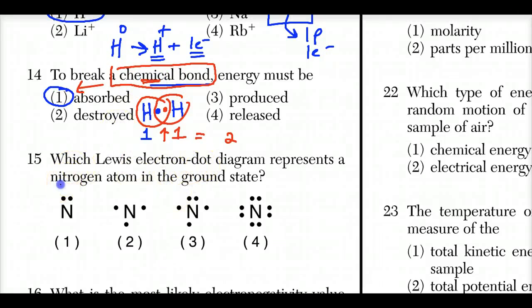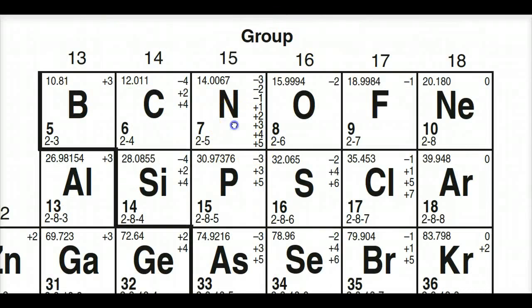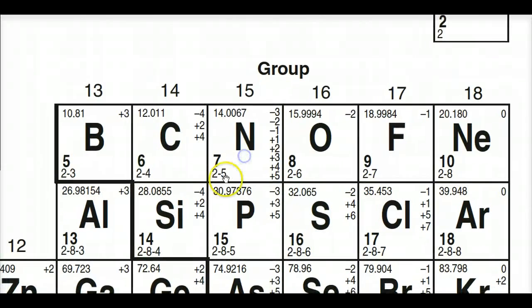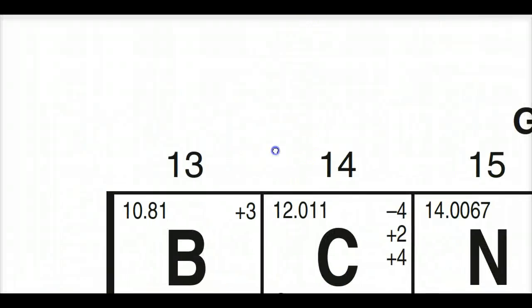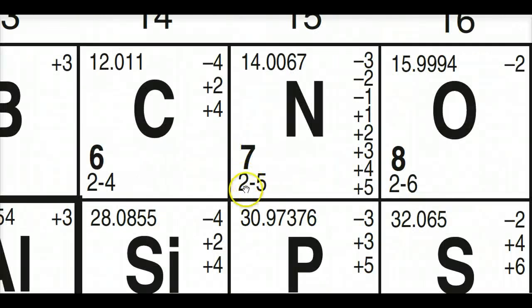15, nitrogen atom in the ground state. Well, in the ground state, that just means electrons are filling their lowest energy orbitals, or I should say shells first. So let's go back to the periodic table. Okay, so here we are with nitrogen. And nitrogen has a configuration of 2-5, has 2 electrons in the first energy level that fills, and then has 5 more.